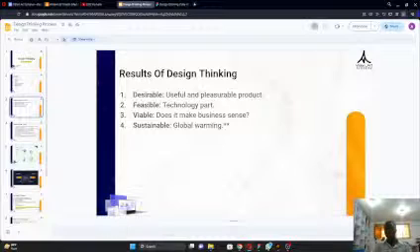And also sustainable. You are creating a particular product that can be accessible, that can be used in a particular region, in a particular society. If you create a product that can help people in the desert, and you are now creating it in a local area like the south, for instance, that means you are not considering sustainability, right?